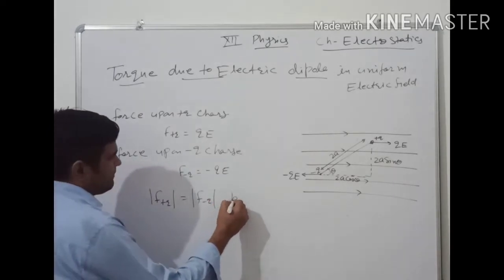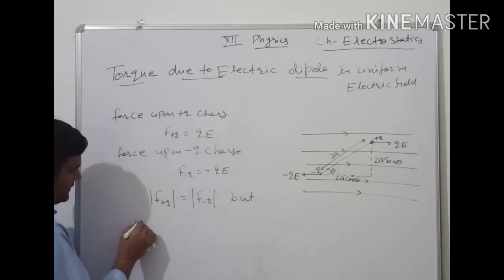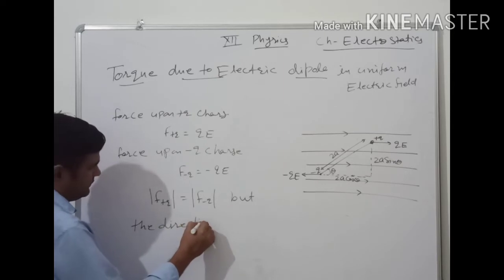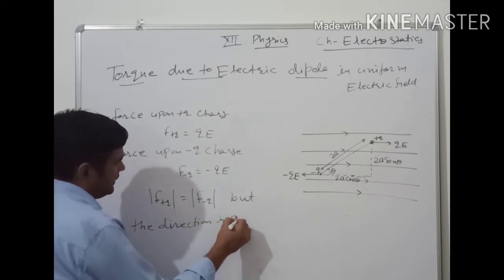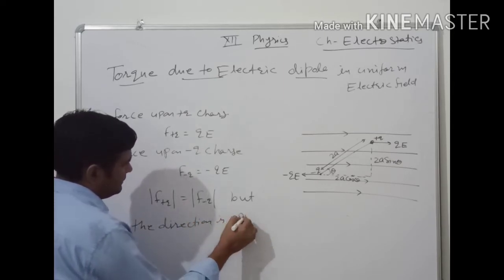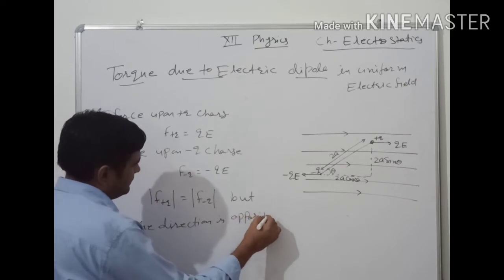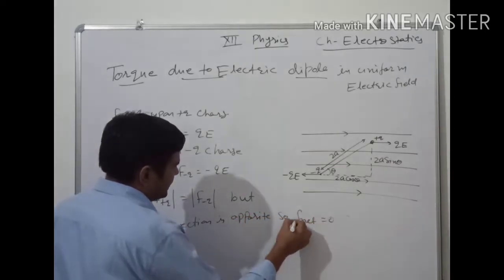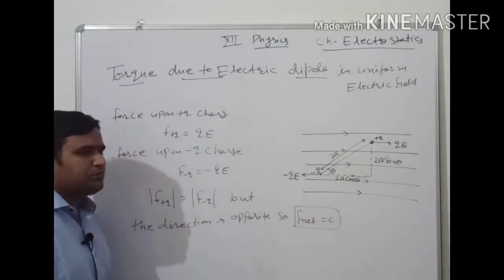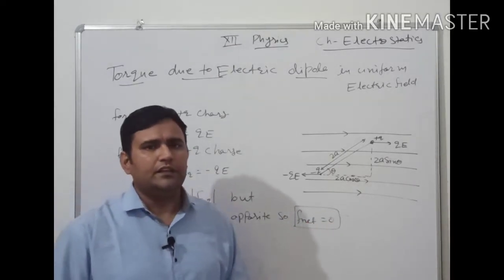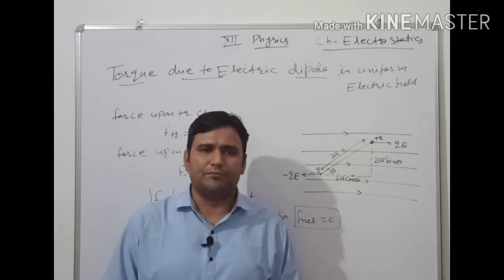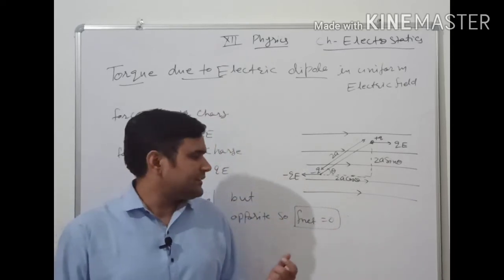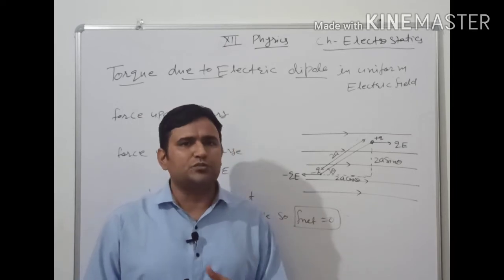But the direction is opposite, so F net is equal to 0. It means if it is asked what is the total net force upon the dipole when it is placed in the electric field, our answer is 0.